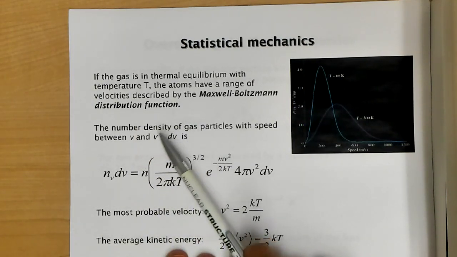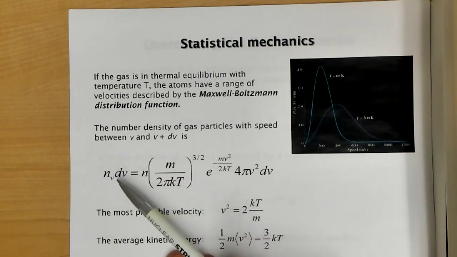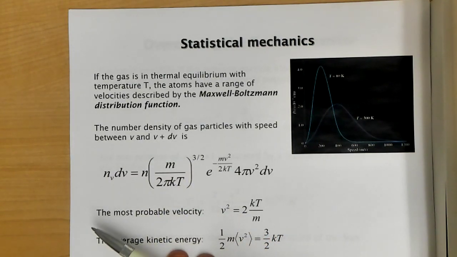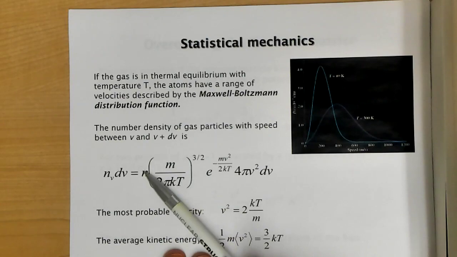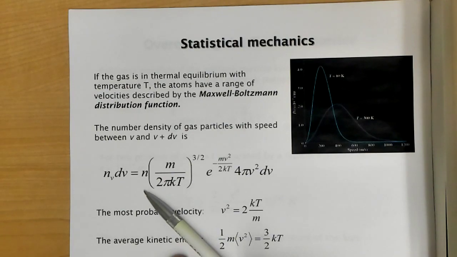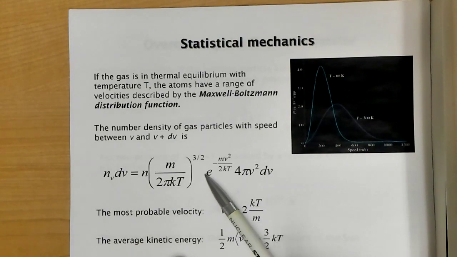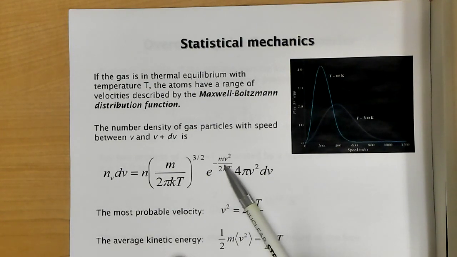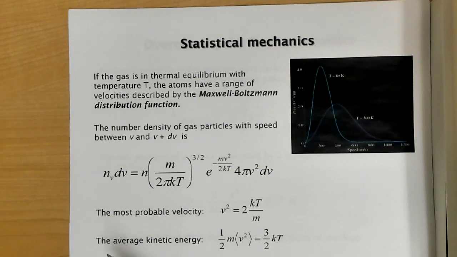That number density, n_v, times dv, will be equal to this factor of m over 2 pi kT to the 3/2 power, times this Boltzmann factor e to the minus mv squared over 2kT, times 4 pi v squared dv.